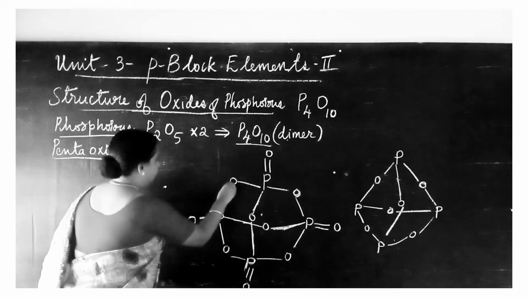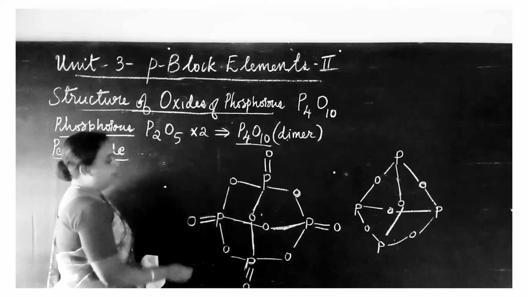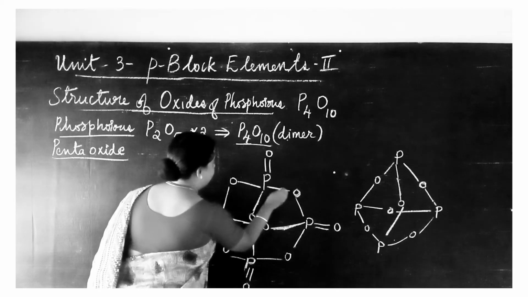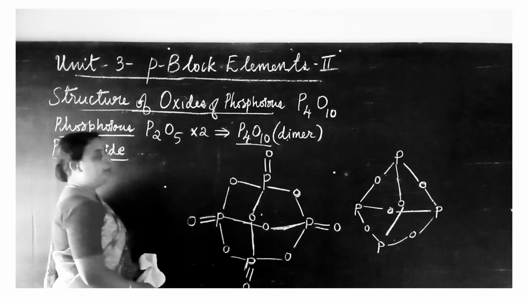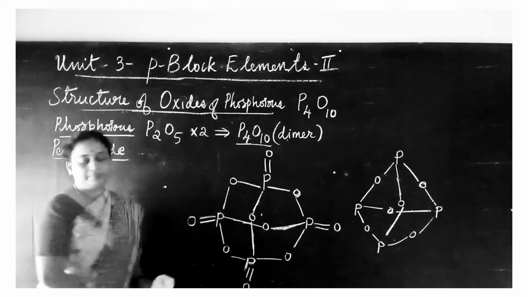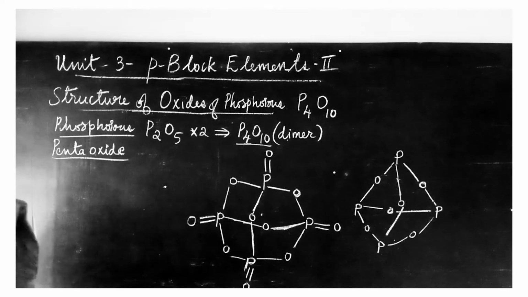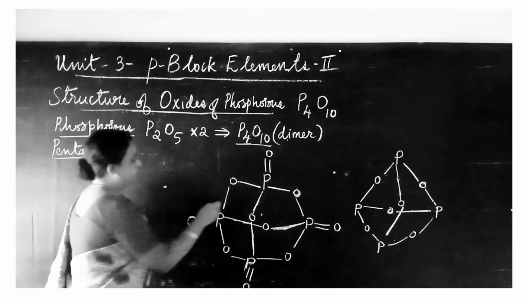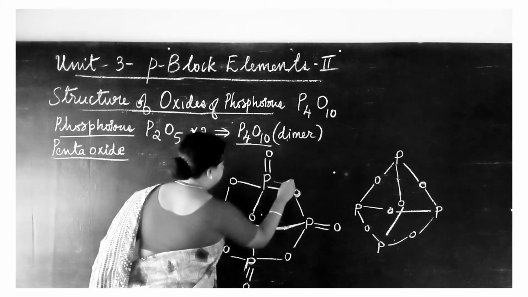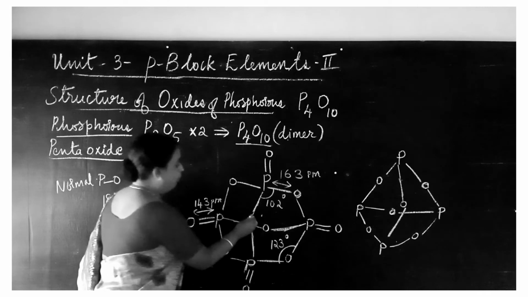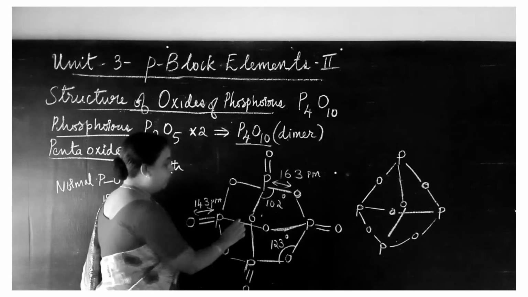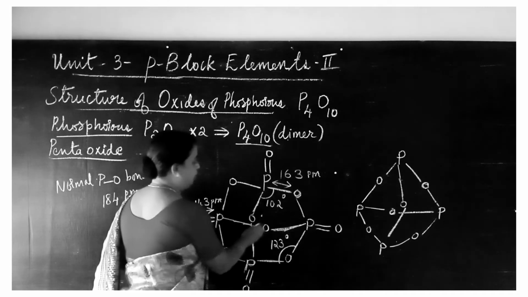So now the bond length between phosphorus and oxygen, that is the sigma bond length. Okay. So here the bond angle, that is the bond angle between oxygen, phosphorus, oxygen. Okay.